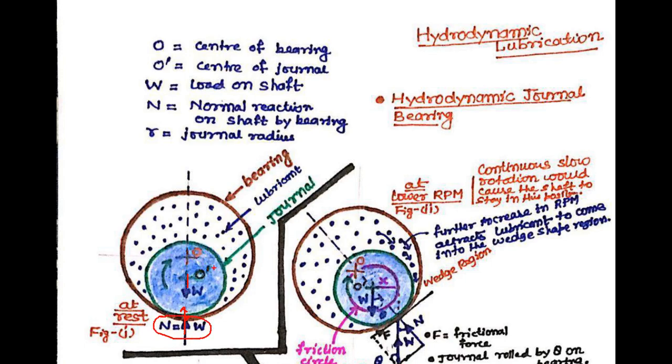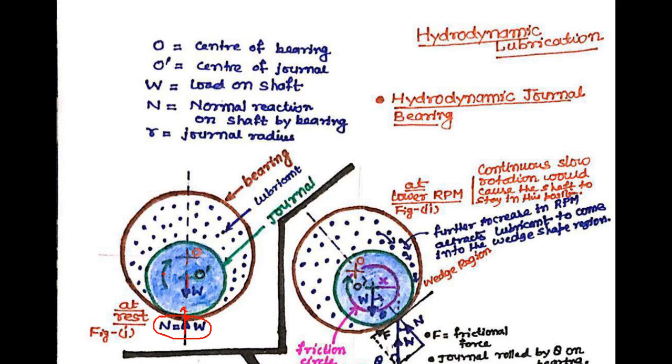Now suppose when the journal starts to rotate, suppose the direction of rotation is clockwise, due to this motion of rotation at the point of contact the frictional force comes in the picture.